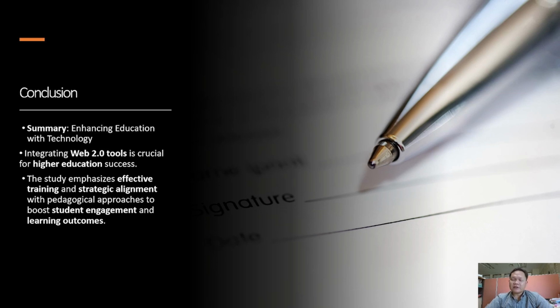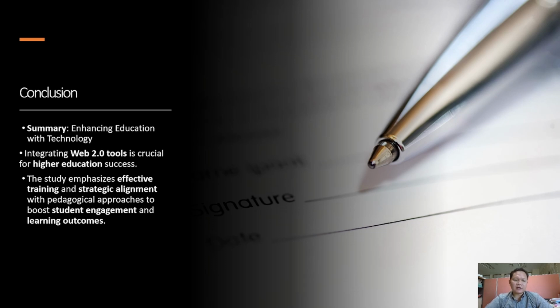So we as educators need to find a balance of using tools, using web tools, including those generative AI, to enhance our students' learning. Okay, and the integration of Web 2.0 is crucial for higher education success. Yes, this is what we need to find: the balance between how much they're supposed to use the tools and in what angle they're supposed to use their cognition to accomplish the tasks, not just use the tools and finish everything.